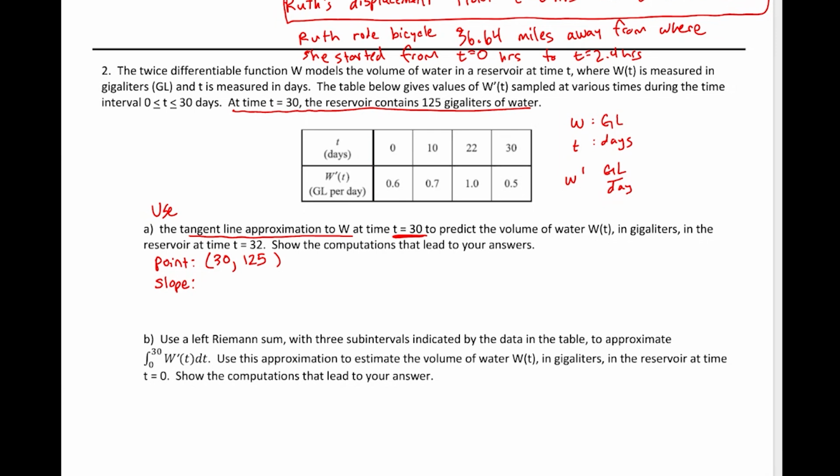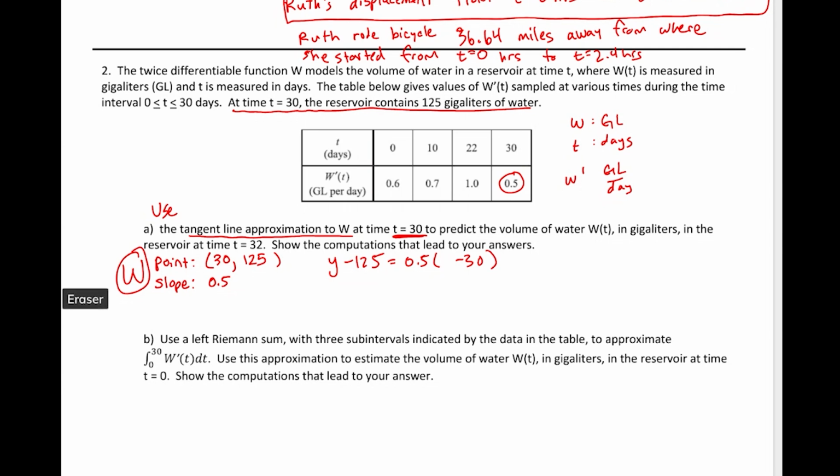The slope of W, this is for W, by the way, at 30 is given in the table, 1/2 or 0.5. So the tangent line approximation would be y minus 125 equals 1/2 times x minus 30. That's going to be the setup, although I'm going to change these variables to match the context of the problem.